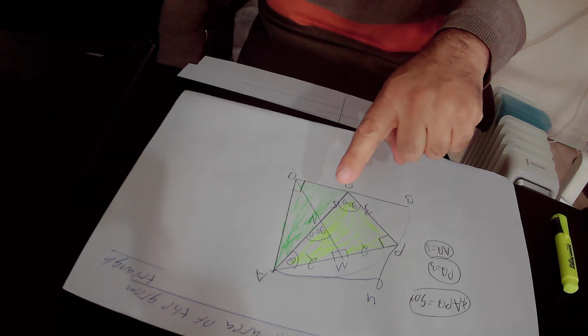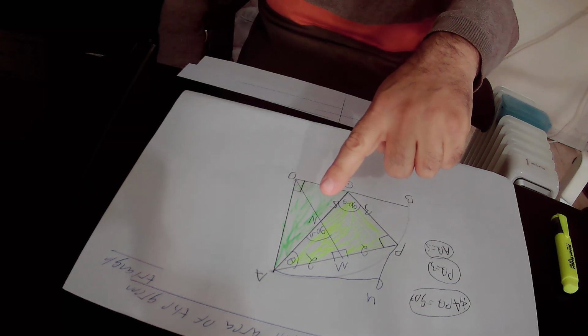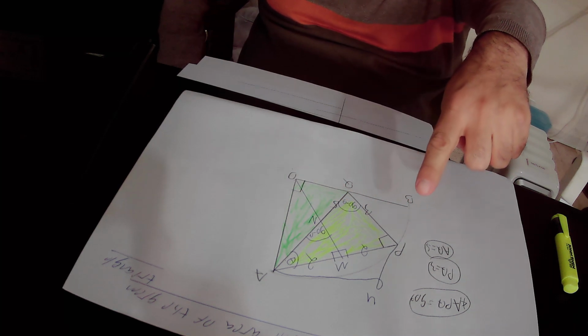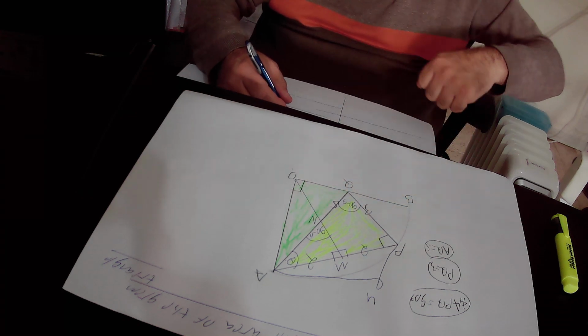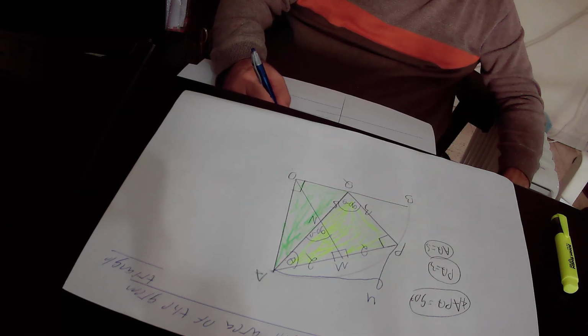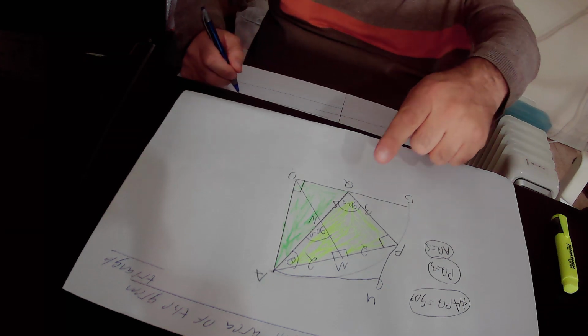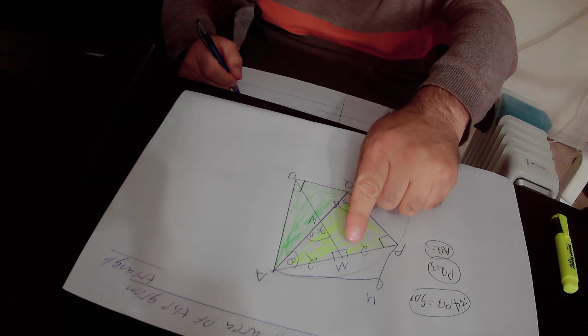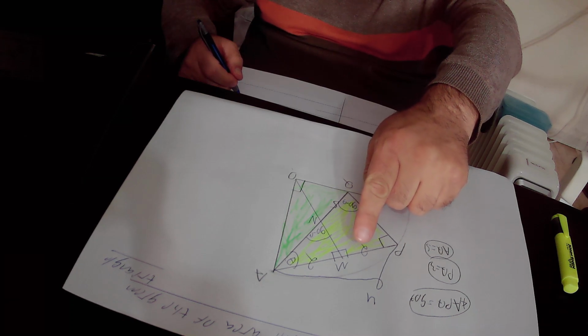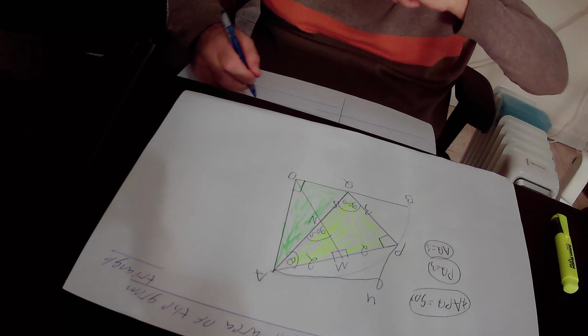Angle theta that belongs to the big triangle APQ is angle PAQ, and it is equal to angle theta itself.